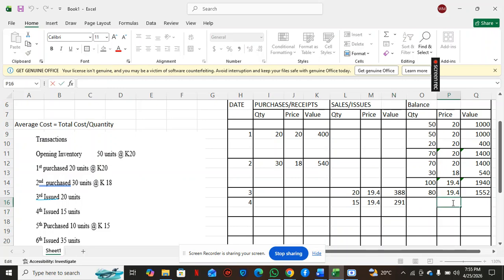So on our balance section, we had 80 spare parts, we sold 15. Now we've remained with 65 spare parts valued at 19 kwacha 40 ngwe, and the value is 1,261 kwacha.